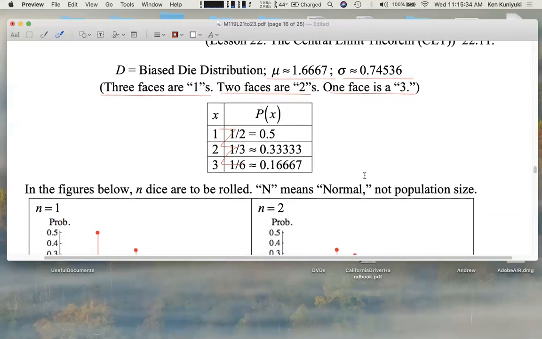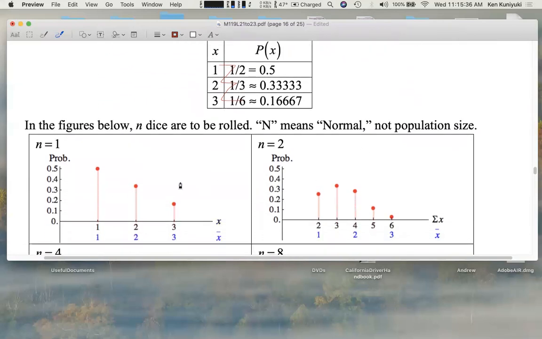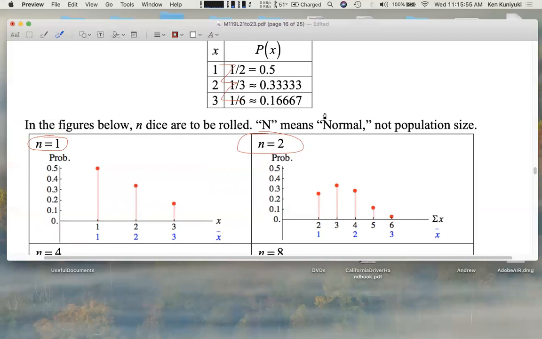All right, so for one die, here's a straight up spike plot for the original Big Daddy distribution. 1/2 mass for 1, 1/3 mass for 2, 1/6 probability mass for 3. That's a spike plot for n equals 1. For n equals 2, what if we take the average of these 2 weird dice?